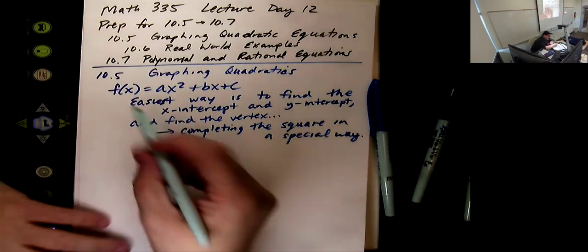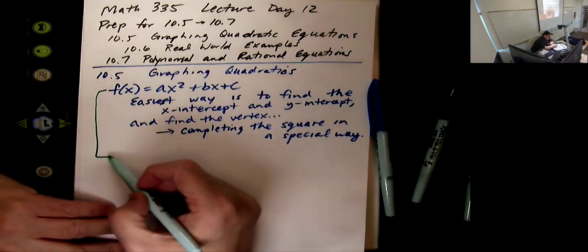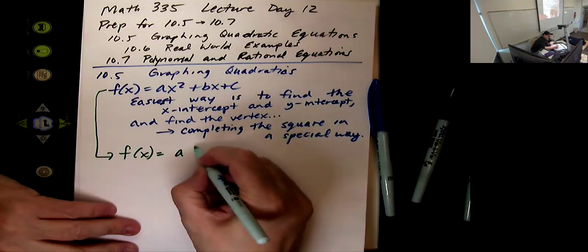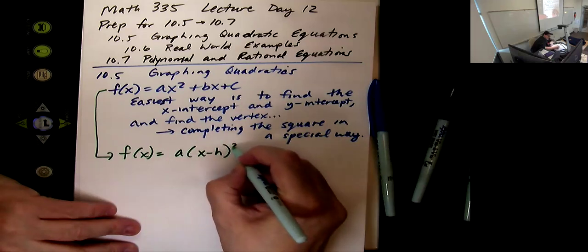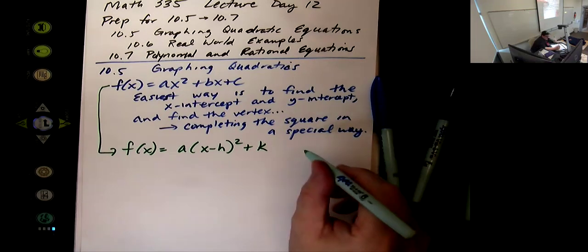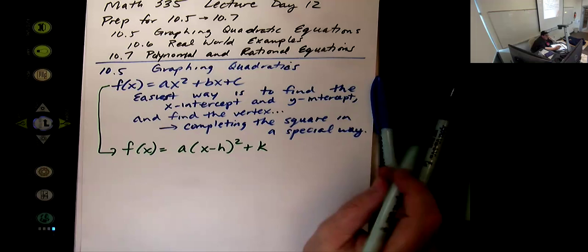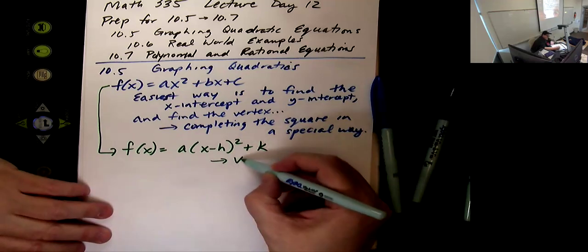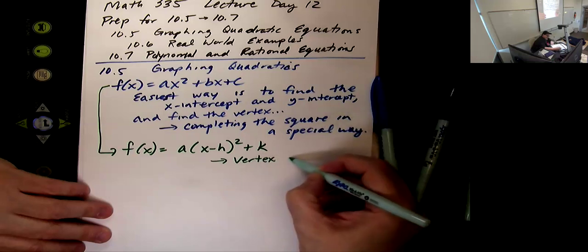What we're going for when we do it is we're going to get this written as f of x equals a times (x minus h) squared plus k. Now h and k are going to have different values than the a, b, and c, and in main class, we'll figure out what they are. But this gives us the vertex is at (h, k).